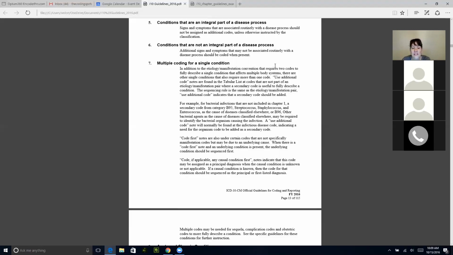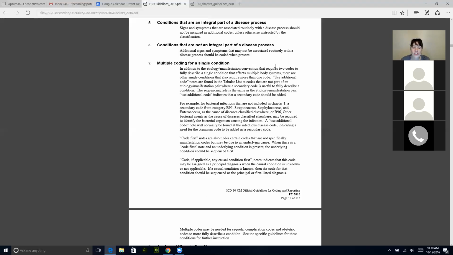Bacterial infections that are not included in chapter 1, a secondary code, category B95, strep, staph, and enterococcus as the cause of disease classified elsewhere, or B96. So it's letting us know under that code. And if you want to just go to B95 and look at it, you'll see the description of the code itself.